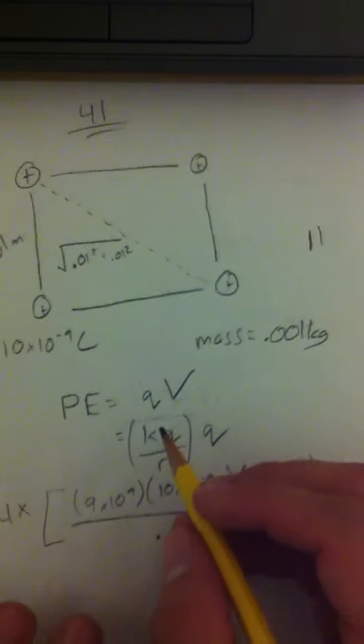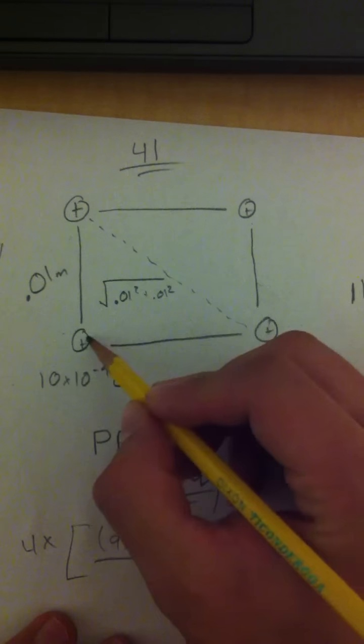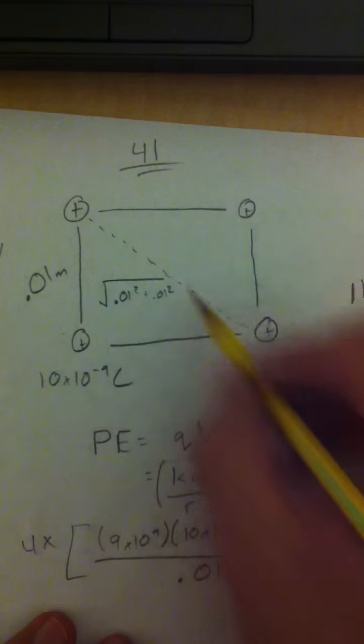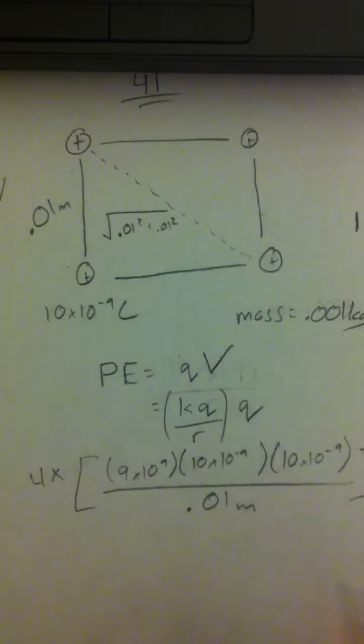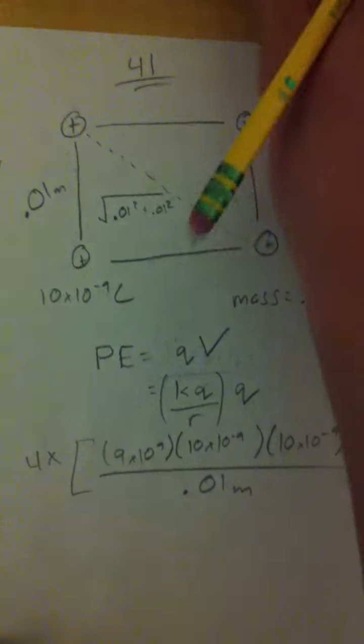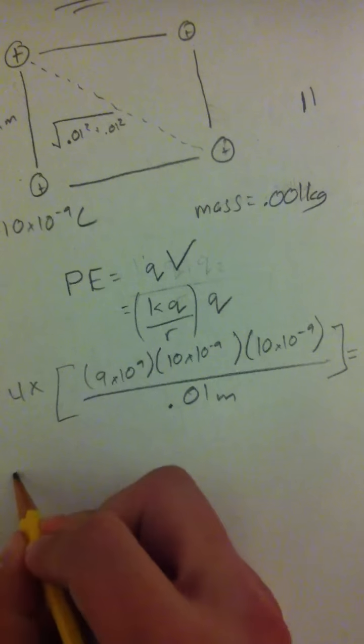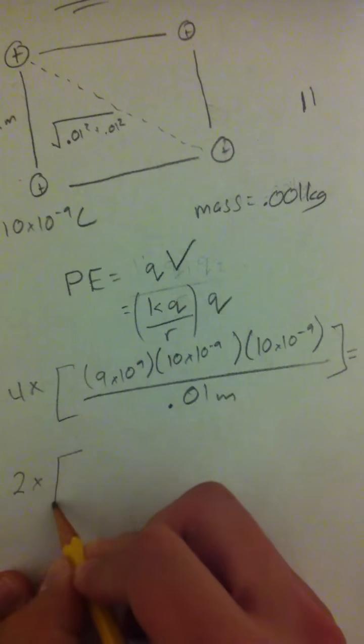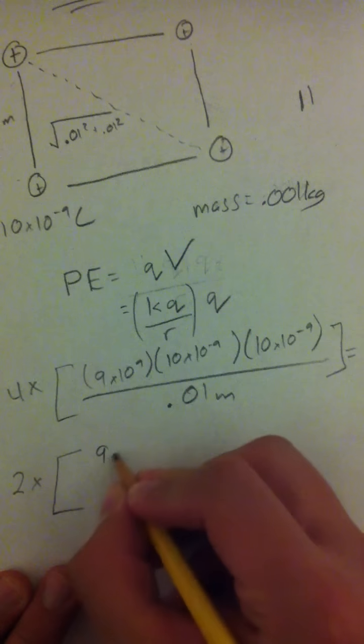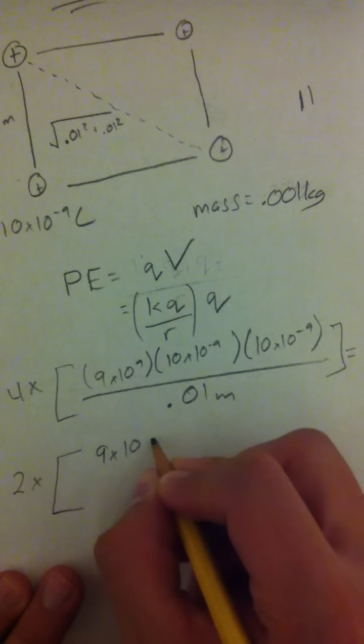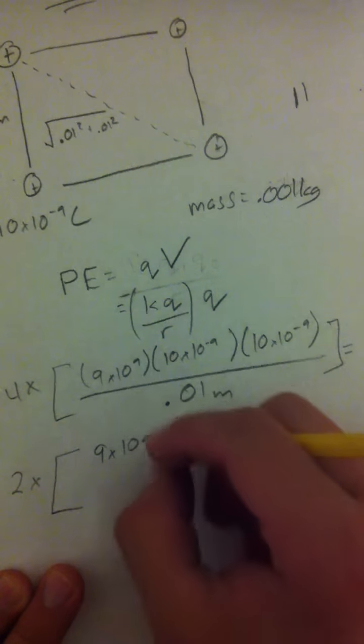Next relationship we're going to find is this one right here at the diagonals, and there's 2 of those, so just know right now that we're going to have to times this one by 2. So 2 times, and it's going to be pretty similar, except the radius is going to be different.